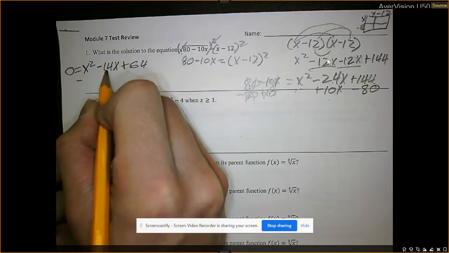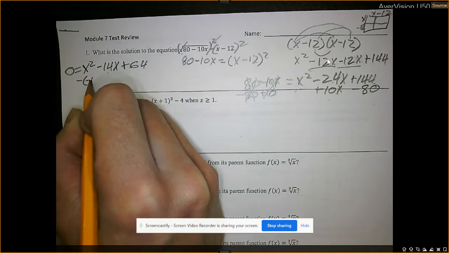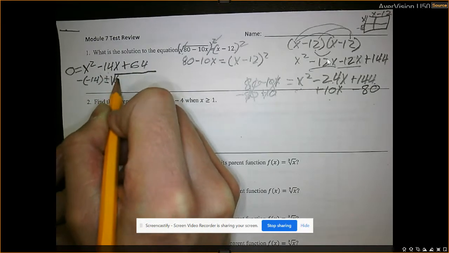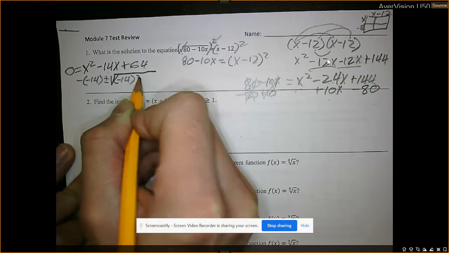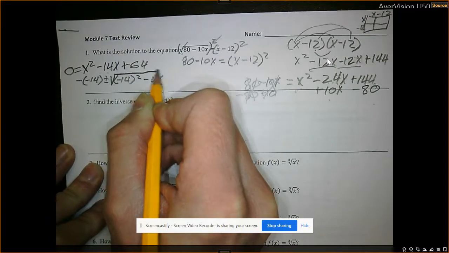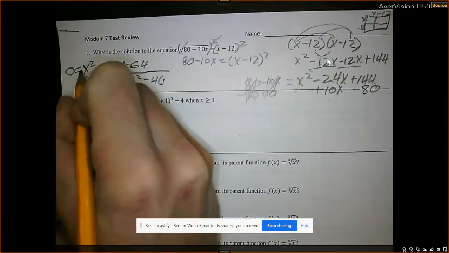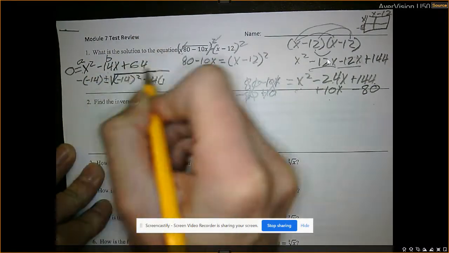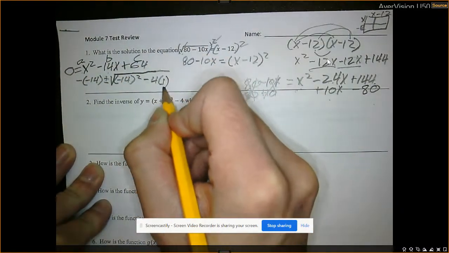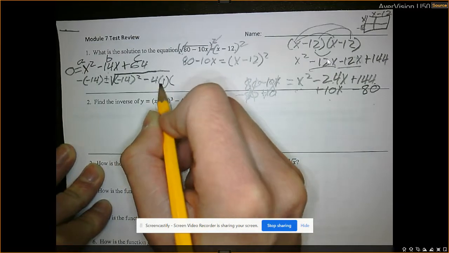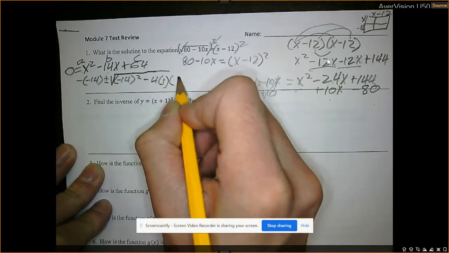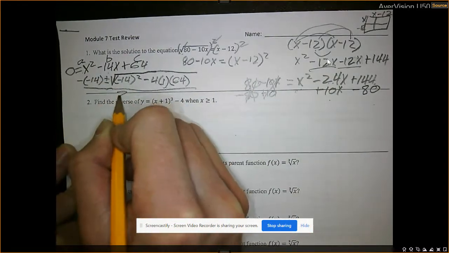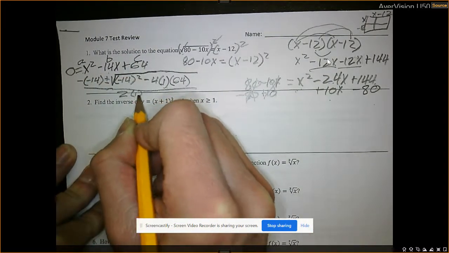So we have negative b, and b is negative 14, plus or minus the square root of b squared, negative 14 squared, minus 4 times a, which is 1, times c, which is 64, all over 2a, and a is 1, so 2 times 1. Remember, our a is before our x squared, our b is before our x, and our c is our constant.